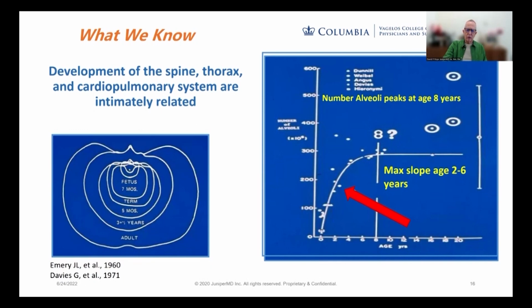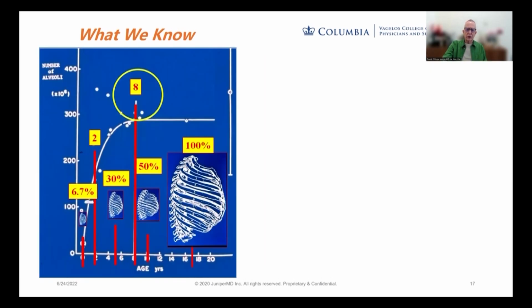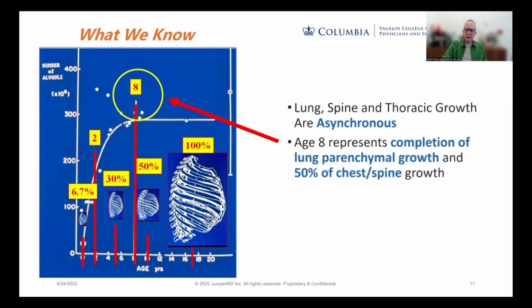As the chest wall grows, so does the lung, and the cellular growth of the lung actually peaks and ends at about age 8. So lung, spine, and thoracic growth are asynchronous. Age 8 represents the completion of lung parenchymal growth, but only 50% of the growth of the chest and the spine.